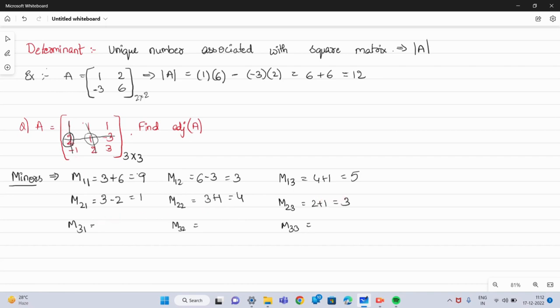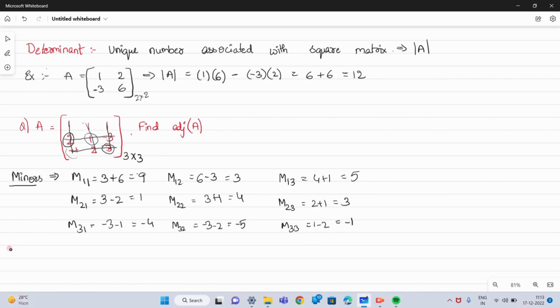For M31, take this element and you'll get minus 3 minus 1, which is minus 4. For M32, minus 3 minus 2, which is minus 5. For M33, the remaining will be 1 minus 2, which is minus 1. Now we got the minors.